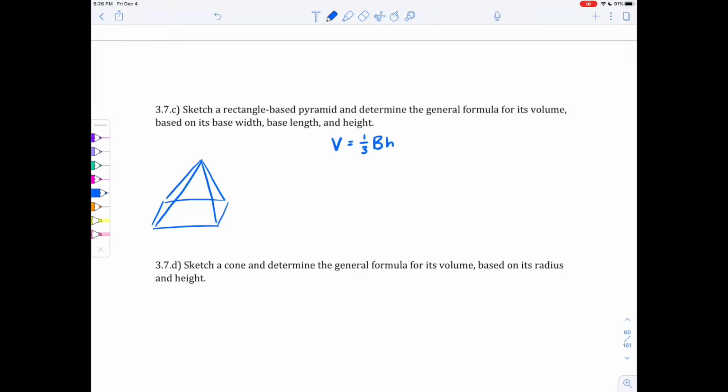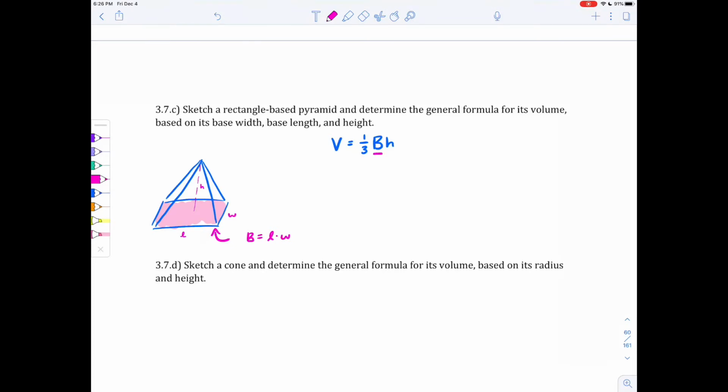All right. So taking a look at this, the base is a rectangle. It has a length, a width, and we know that the pyramid as a whole has a height. Well, the area of the base can be represented by the formula length times width.